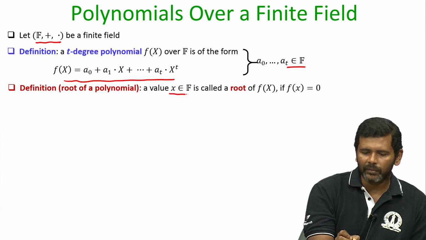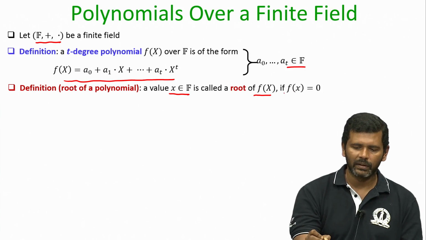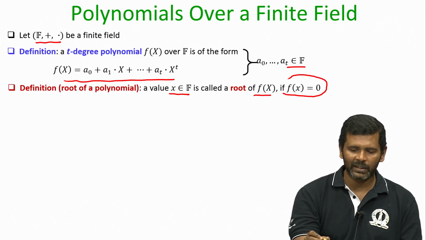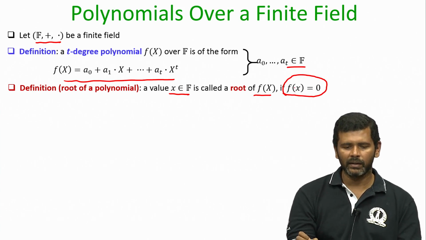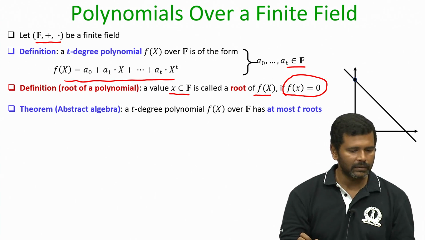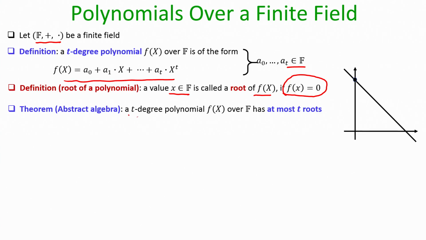A value x from the field will be called a root of this polynomial f of x if the polynomial f when evaluated at x gives you the additive identity, the 0 element of the field. Then we have actually shown in our discussion on abstract algebra that any polynomial of degree t can have at most t roots.